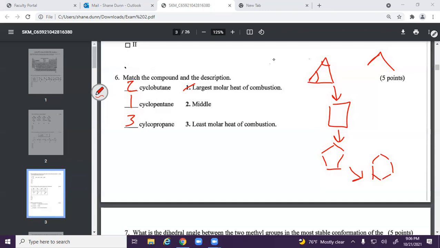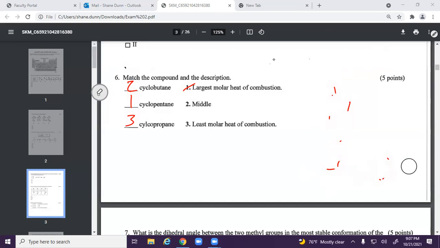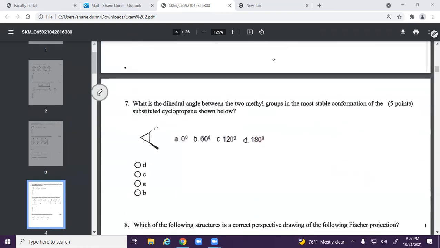And then it starts going back up until we reach the one with 12 carbons, which is basically a multiple of cyclohexane, so it also has no ring strain. Zoomies, we got that? Yes. Cool. Okay.